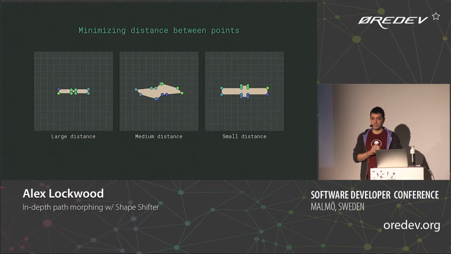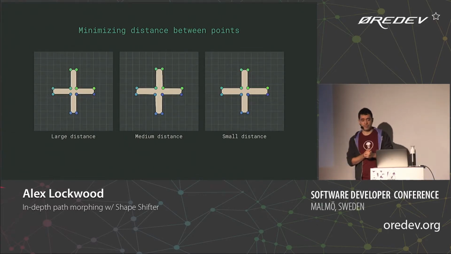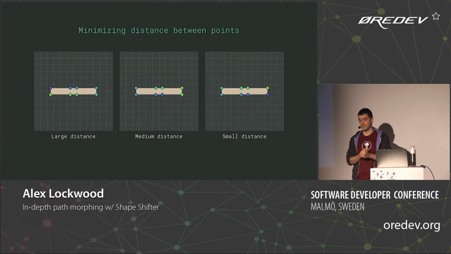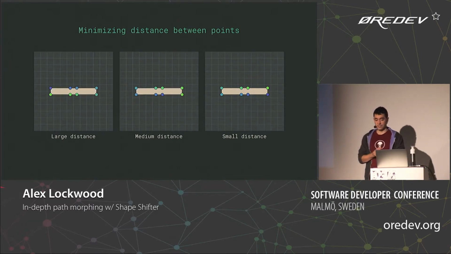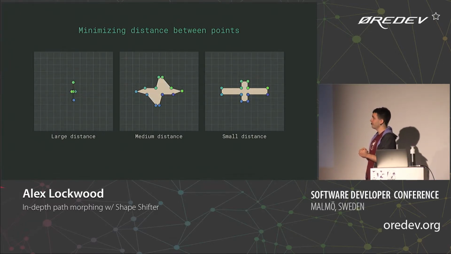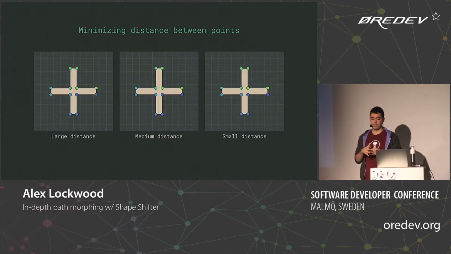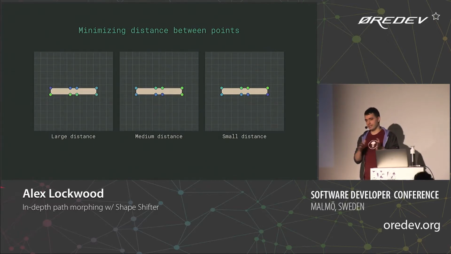How do you actually go about implementing this? One of the first things I assumed was that the morph with the smallest distance traveled was often the best.